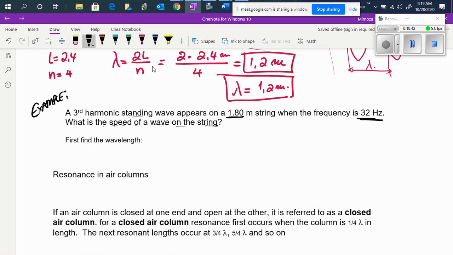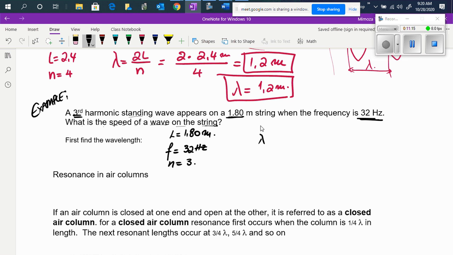Okay, in this case, what do you think the approach needs to be? How can we approach this kind of question? The length of the string is 1.80 meters. We know that the frequency is 32 hertz. Yes, correct, Nicole. And we know that we are dealing with the third harmonic, so n is equal to 3.